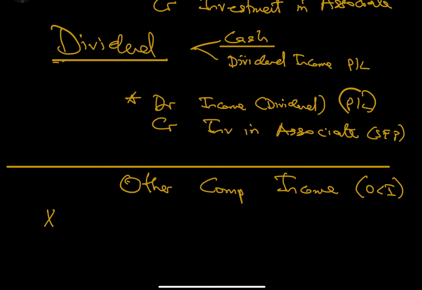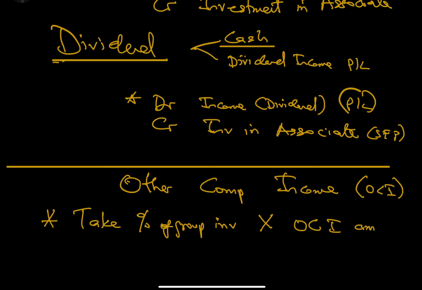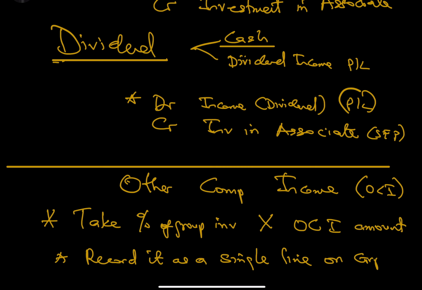So remember, all you need to do is take the percentage of group investment, multiply by the OCI amount, and what do you do next? You record that as a single, separate line, please, on the group financial statement.